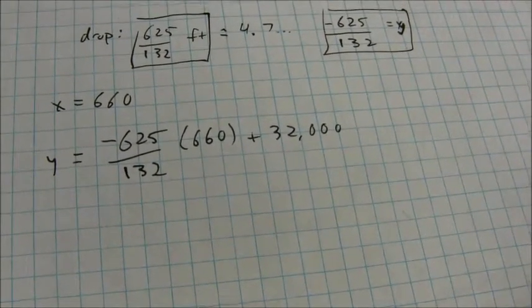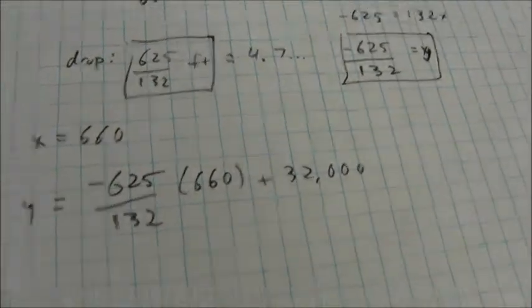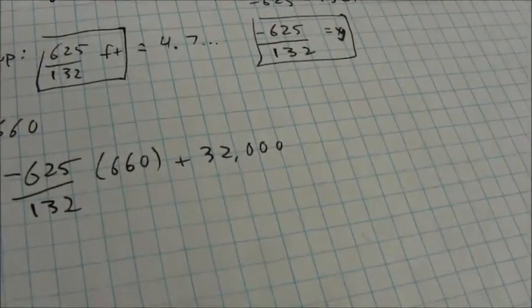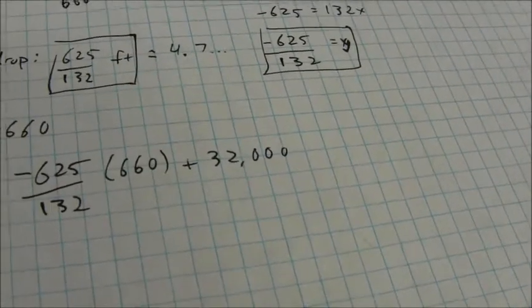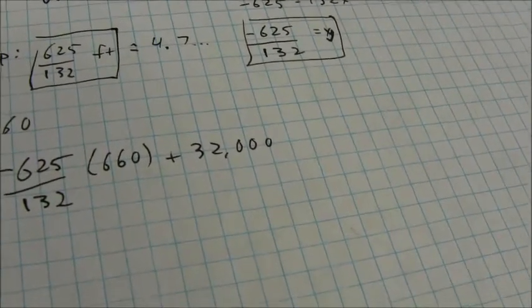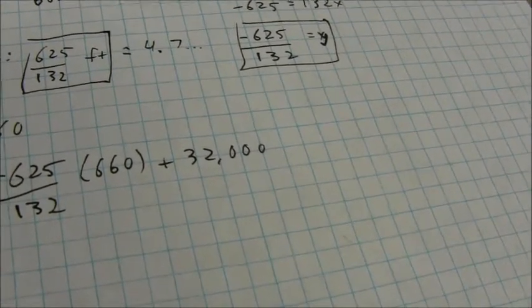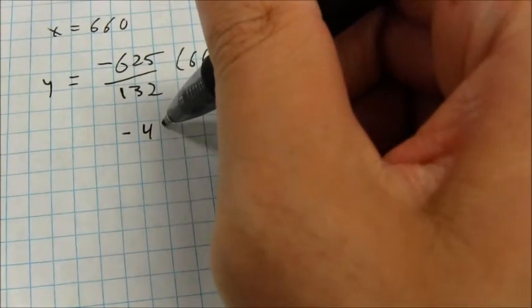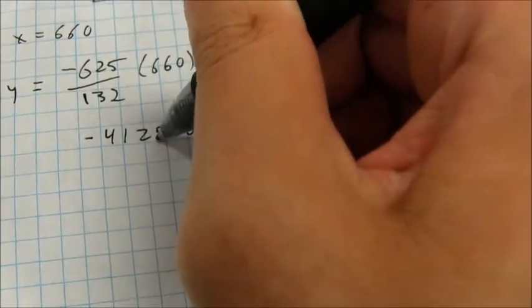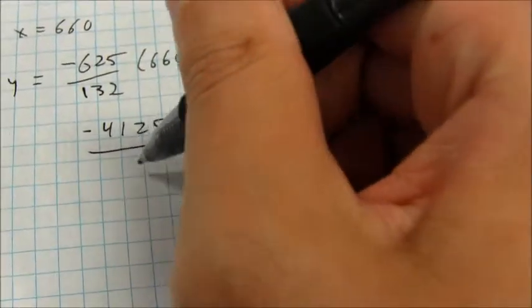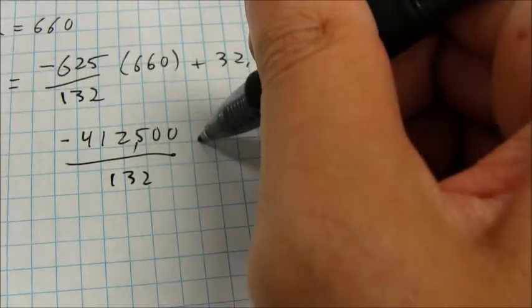Now, unfortunately, it doesn't say whether or not this is supposed to be rounded or not, so that would be negative 412,500 over 132 plus 32,000.